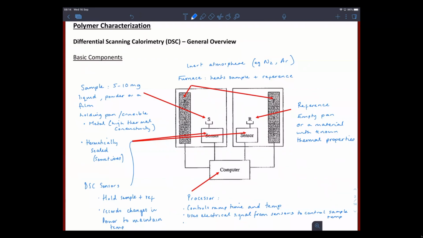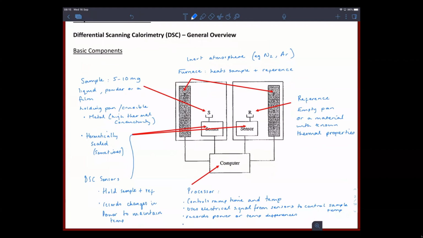It records the power or the temperature differences between the two different samples. And its ultimate aim is to produce thermograms which we can interpret the phase changes from.